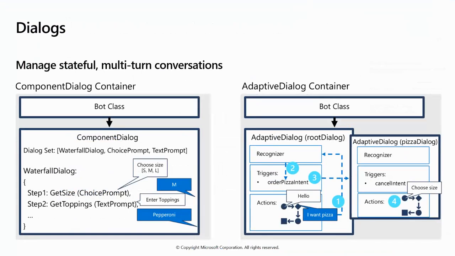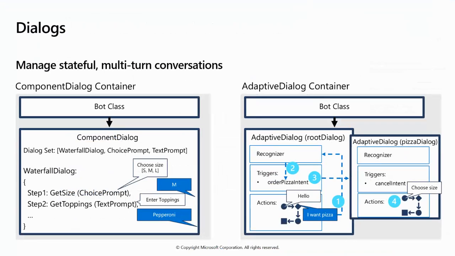Then we have the adaptive dialogues. These adaptive dialogues are another kind of container dialogue in which the flow is more flexible, allowing for interruptions, cancellations, or context switches at any point in the conversation.